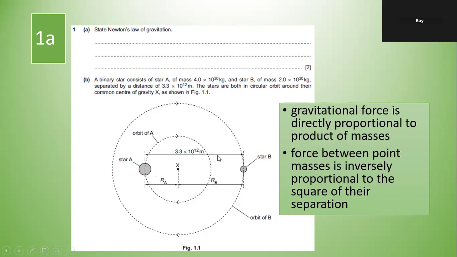The stars are both in circular orbit around the center X, as shown in figure 1.1. This is the second time it came out. Years ago, binary star came out. The idea is that the distance is completely fixed, and the force of attraction is gravitational force.